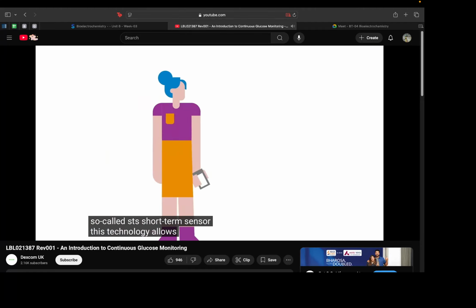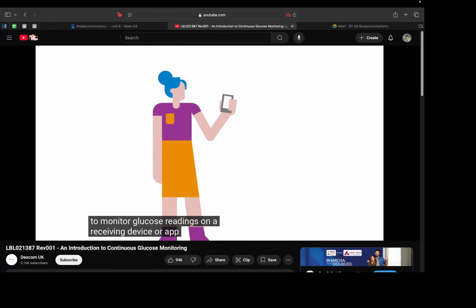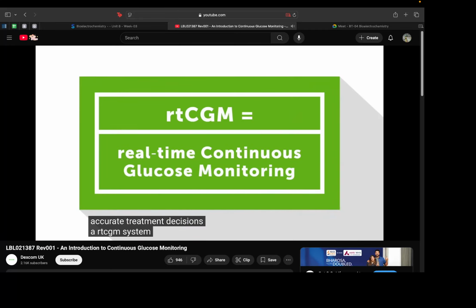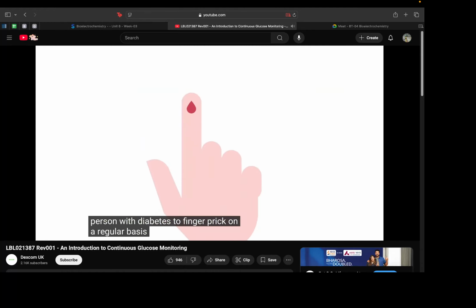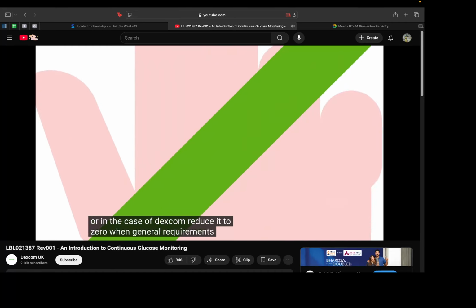This technology allows people with diabetes and healthcare professionals to monitor glucose readings on a receiving device or app, allowing analysis and the possibility of more accurate treatment decisions. A RT-CGM system may reduce the need for a person with diabetes to finger prick on a regular basis, or in the case of Dexcom, reduce it to 0 when general requirements are met.